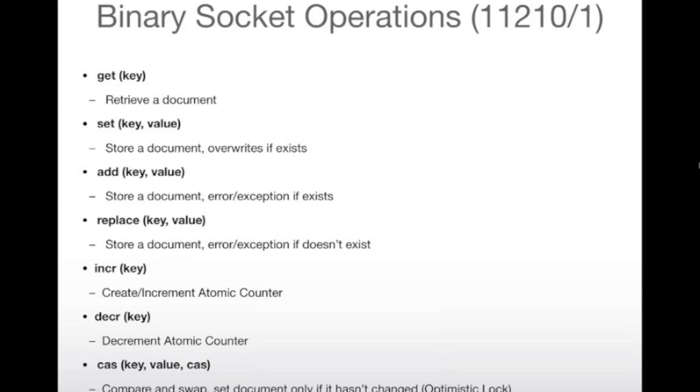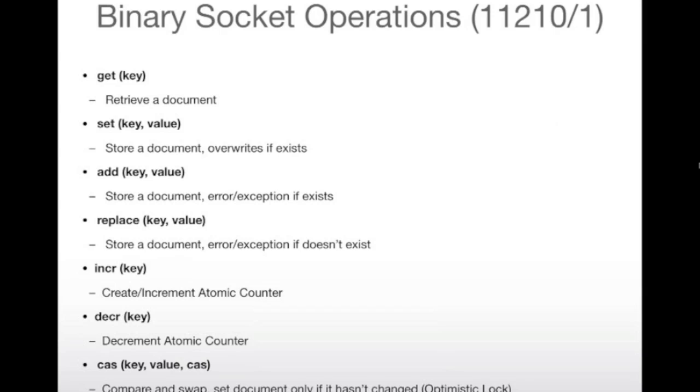Atomic counters are often used for that sort of situation because of the atomicity. That means every operation is executed on Couchbase server in order. It's also used for key value patterns, which you can learn about in Couchbase 103 when we talk about modeling.